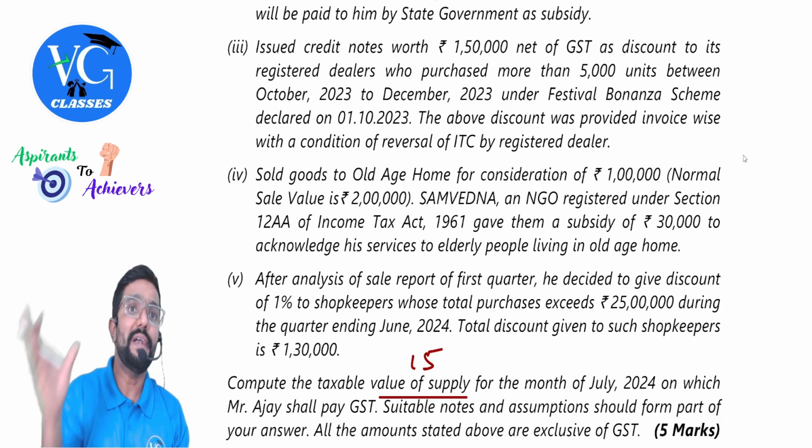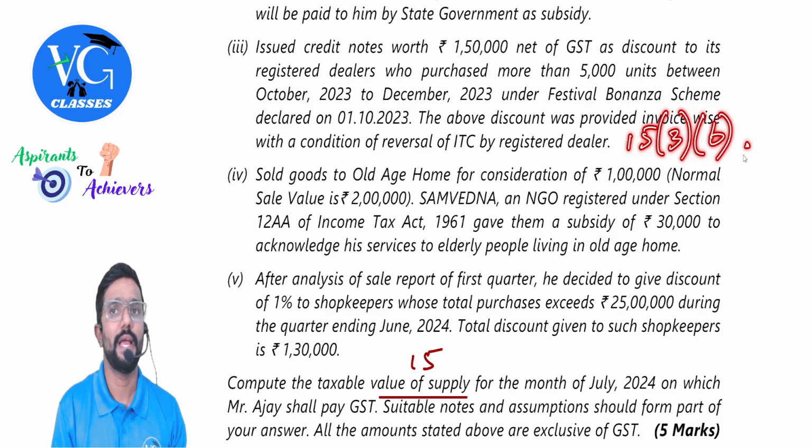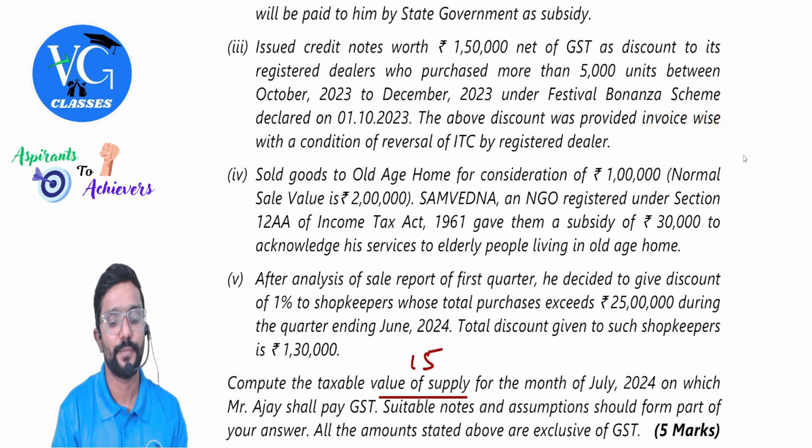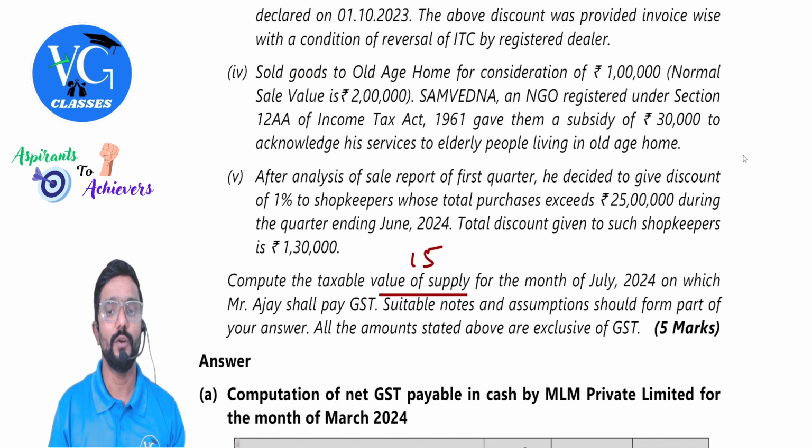Guys, assuming it was already agreed before the supply, sir, can it be deducted? Yes, it can be deducted. As per section 15, subsection 3, clause B, it can be reduced.